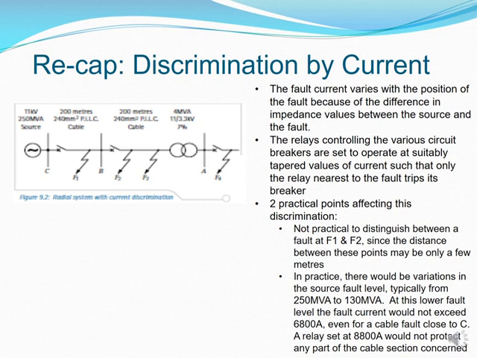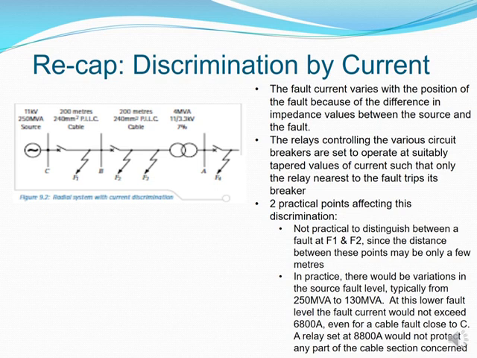Now, there are things that are not practical about this scenario. If you look at F1 and F2 on our left-hand side, you will see that F1 is between C and B, and F2 is between B and A. But when you try to put this discrimination to work, it doesn't work so well because the distances between F1 and F2 are not that great.